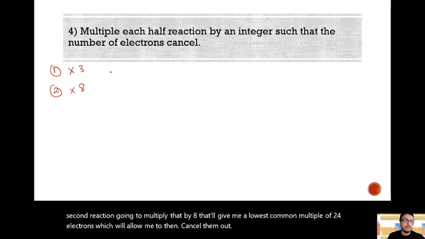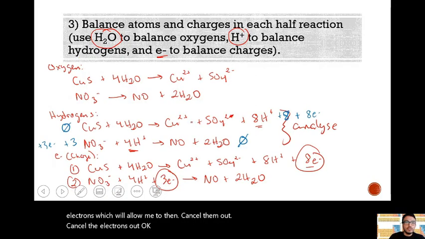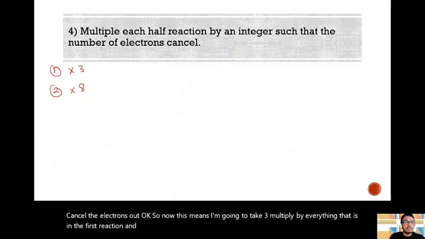Cancel the electrons out. Okay, so now this means I'm going to take 3 and multiply by everything that is in the first reaction, and I'm going to take 8 and multiply by everything that's in the second reaction. So bear with me, I'm going to write all that down.